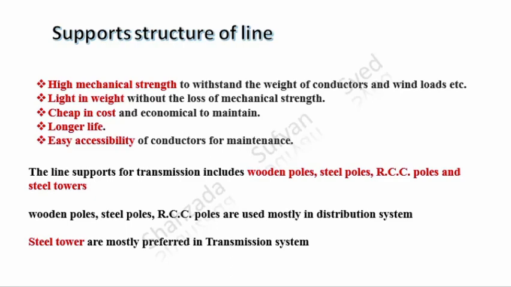Means if there is some issue on the conductor, then the worker must easily access the conductors, and if the supporting structures are not ideal for accessibility, then it will be difficult for the worker to do maintenance on the tower.